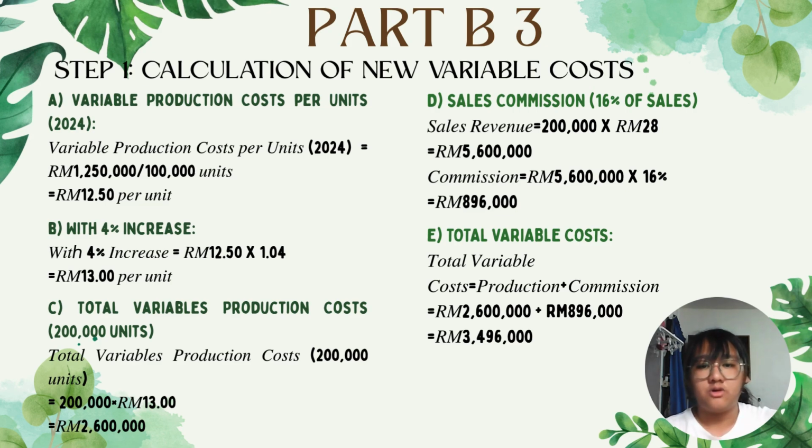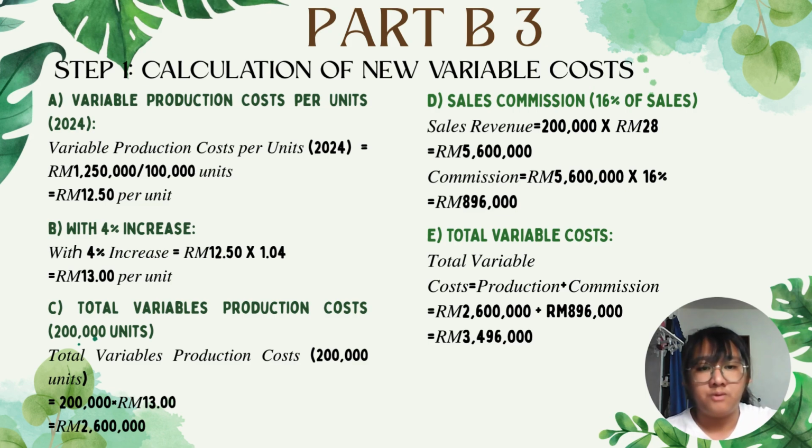The total variable production cost for 200,000 units is equal to 2,600,000 ringgit. Next is the sales commission, which is 60% of sales, and the sales are 5,600,000 ringgit.